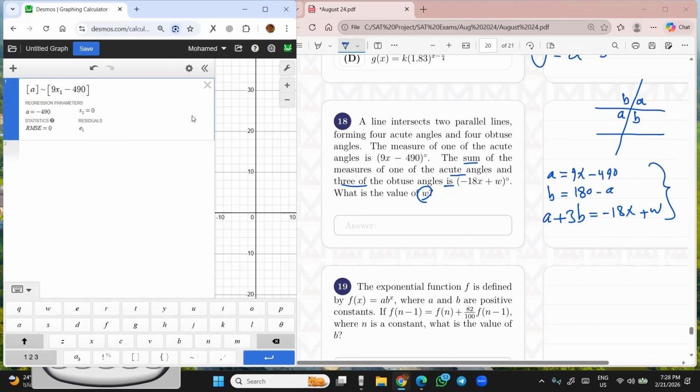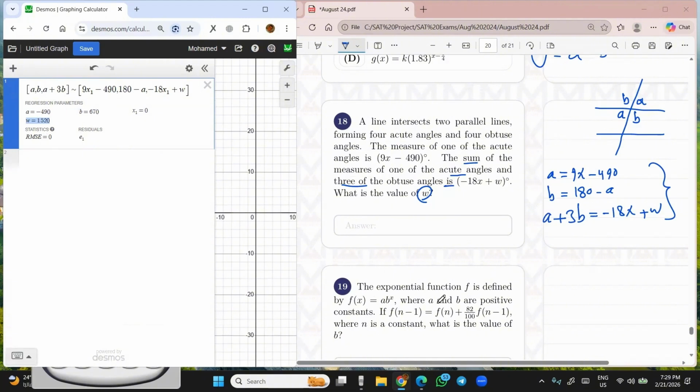And then we write B, and B is equal to 180 minus A. On the left, we write A plus 3B. And on the right, we put the value of A plus 3B, which is negative 18x1. Make sure to write x1 plus w. And then, as you can see, w is given here, 1,520. 1,520 is the value of w.